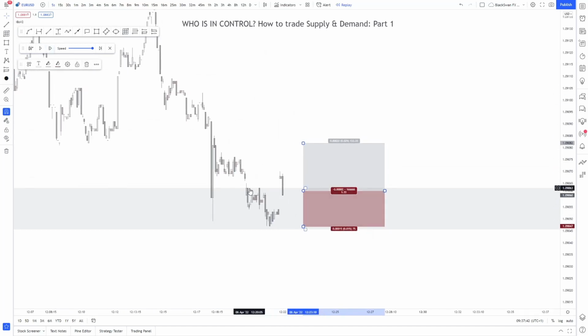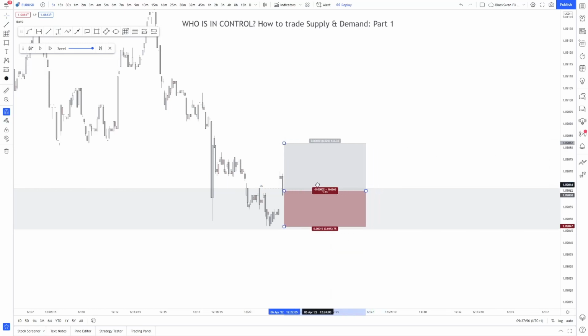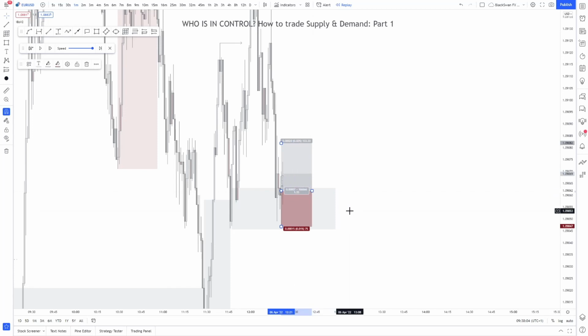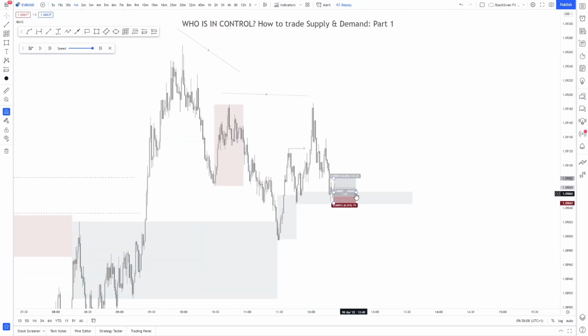And when the change of character here completed, which was right here, I was in like this, and I took most of the volume off at the high.